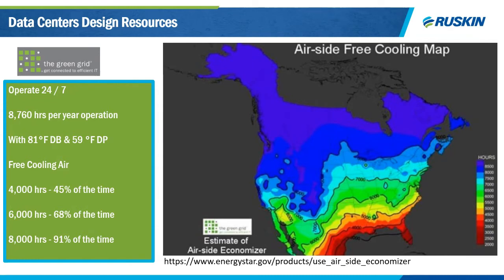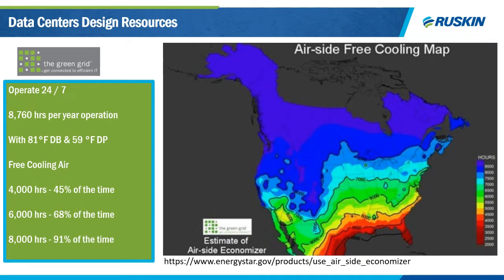So let's take an example for an 81 degree set point. We take an example for a data center operating 24 hours, 7 days a week. That's 8,760 hours per year of operation. We've got 81 degree dry bulb, 59 dew point. That's about 67 degree wet bulb, 47% relative humidity.